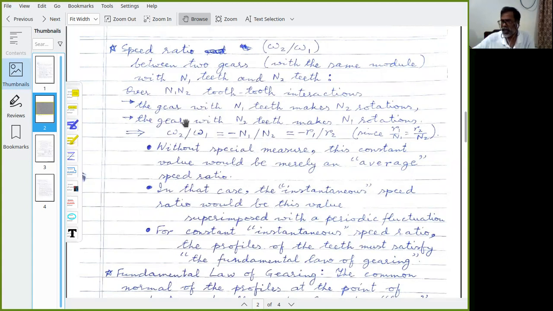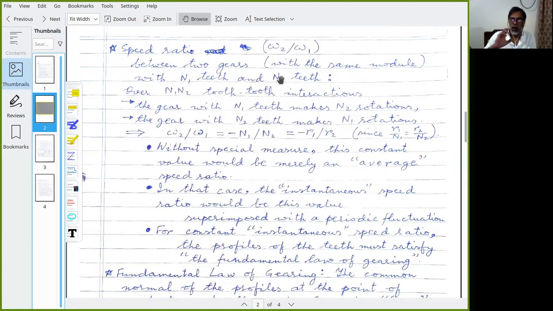So, we will be typically interested in the speed ratio, omega 2 to omega 1. Between two gears, the module has to be the same, otherwise the machine will not be appropriate. And on the first gear, having angular velocity omega 1, there are N1 teeth, and on the second gear, with angular velocity omega 2, there are N2 teeth.